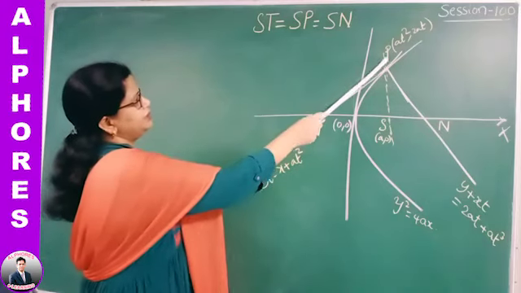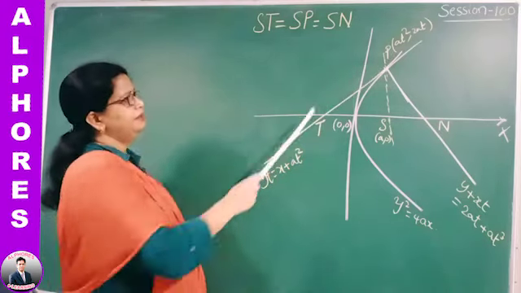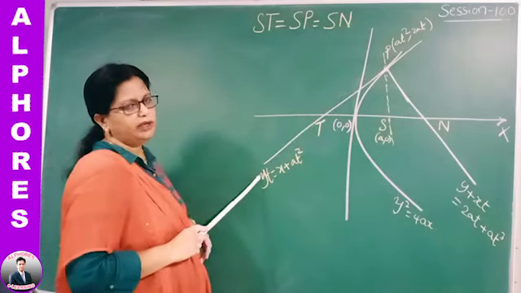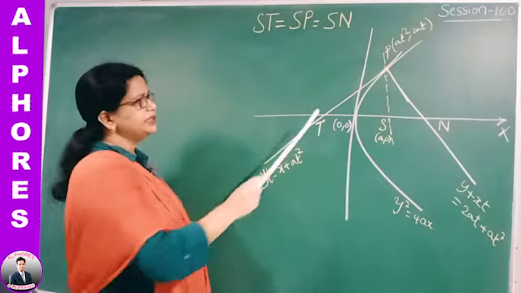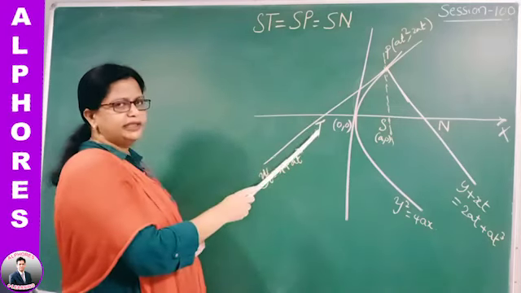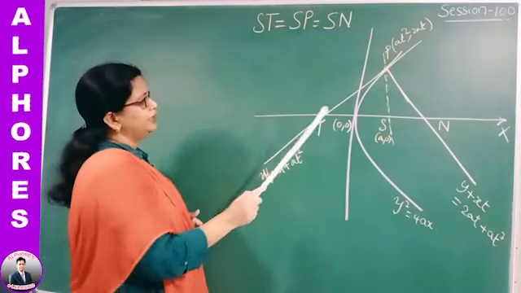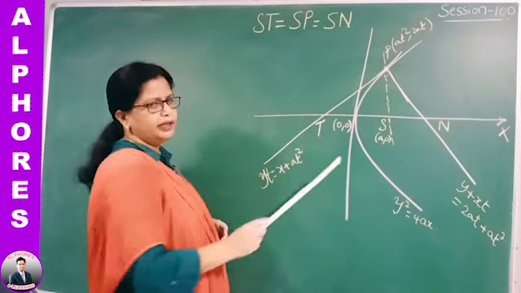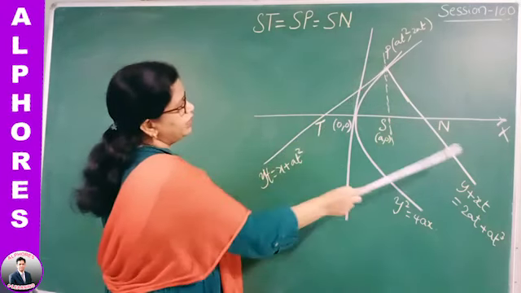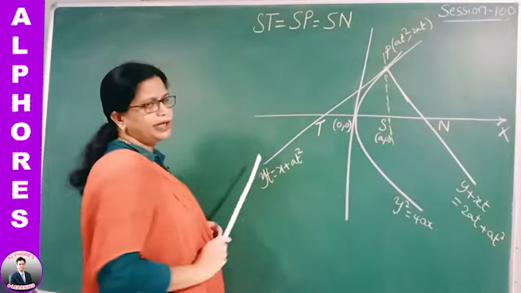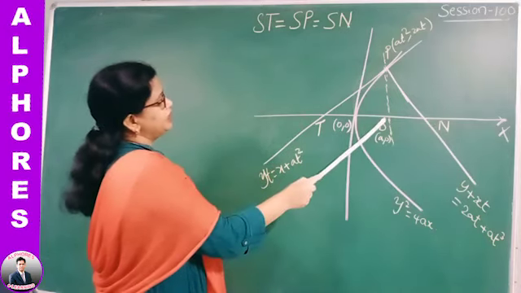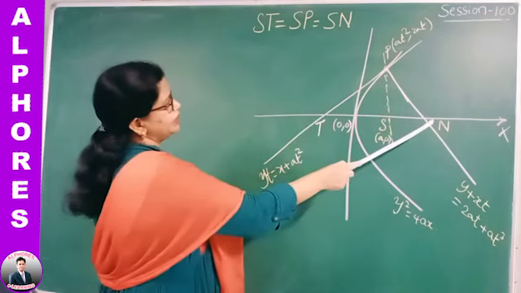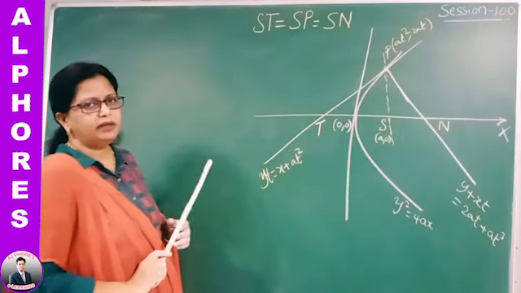If a tangent is drawn at a point P and meets the axis of the parabola, here of course the x-axis, exactly at the point T, and next, a normal is drawn at the same point meeting the axis of the parabola at the point N. Then what is the conclusion? ST, from the focus to this point on the x-axis from the tangent, and SN and this SP, these 3 are all equal.